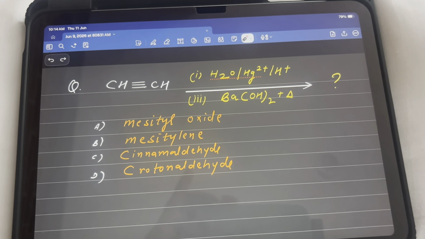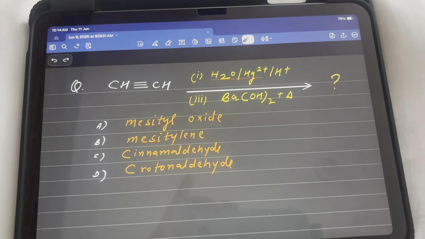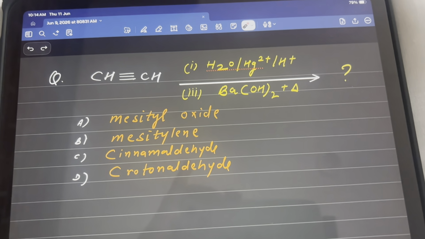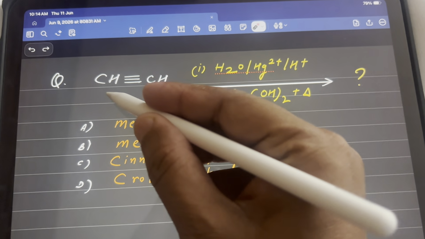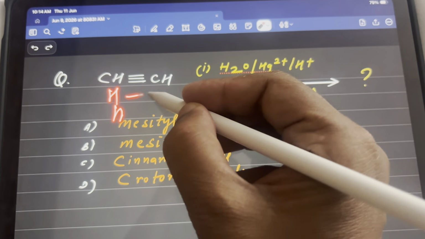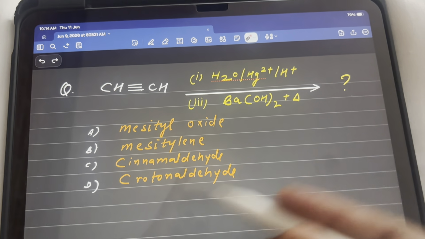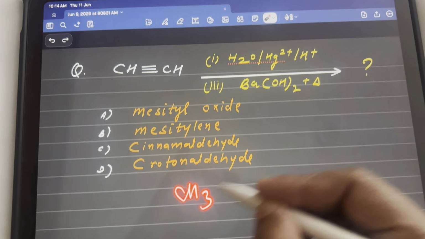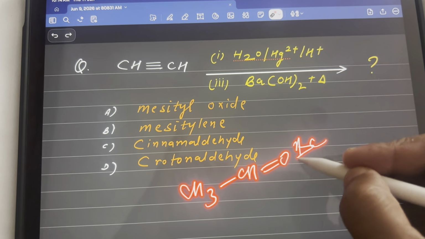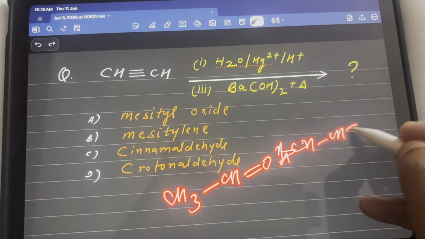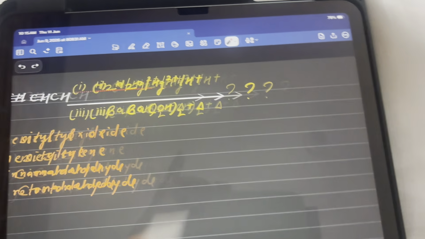Acetylene, then hydration, then reaction with alkali and heat. So acetylene and water means acetaldehyde, and that will undergo aldol condensation, CH3CH=O, and these two hydrogens, and this is the short trick, water will eliminate. Crotonaldehyde will be the answer.